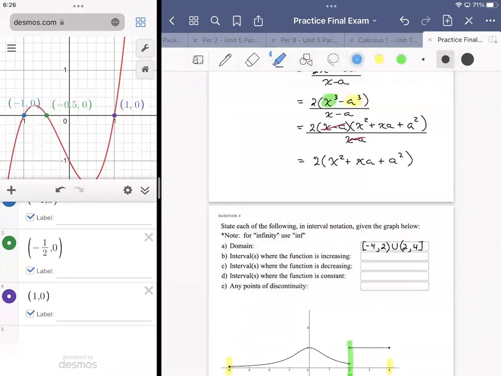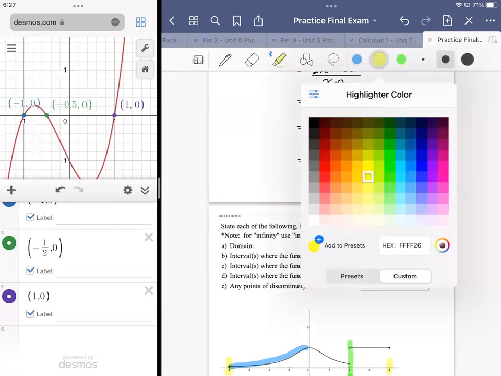Go with a blue. So the next part is asking where the function's increasing. Increasing is a positive slope, so it's going uphill. That would be this piece. That's happening from the x value of -4 to the x value of 0. Decreasing would be where it's going downhill.